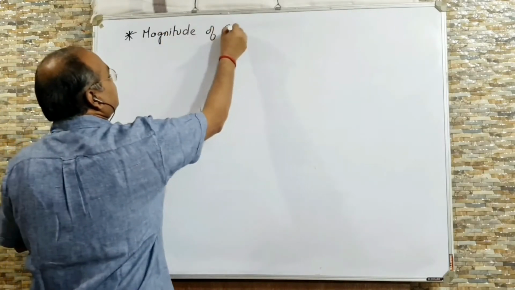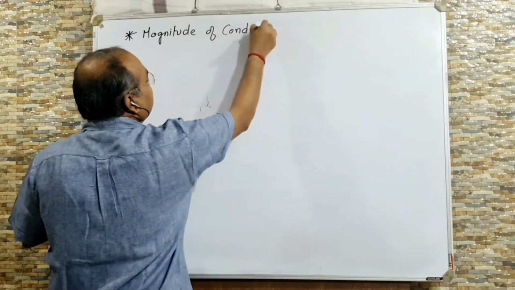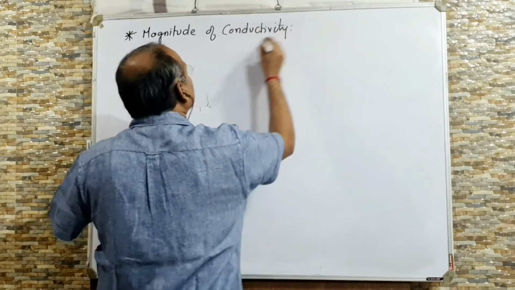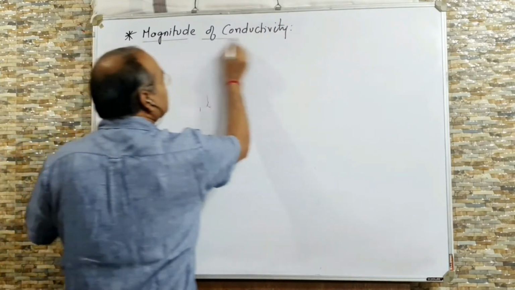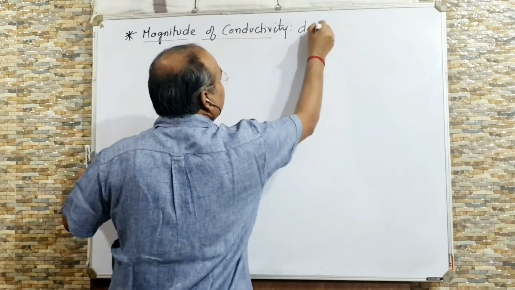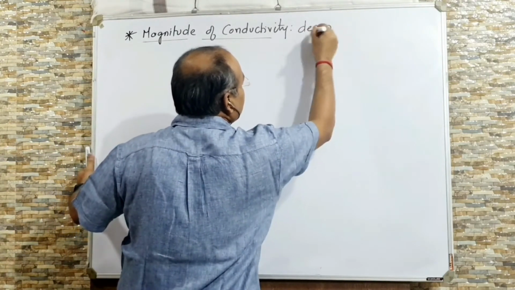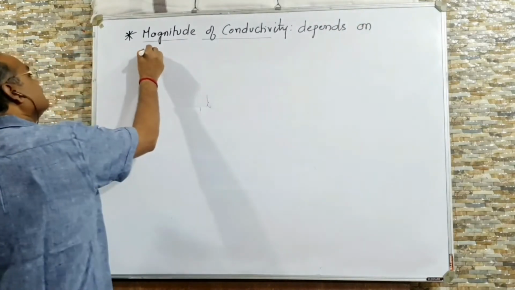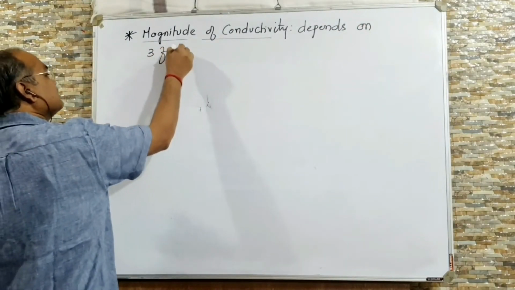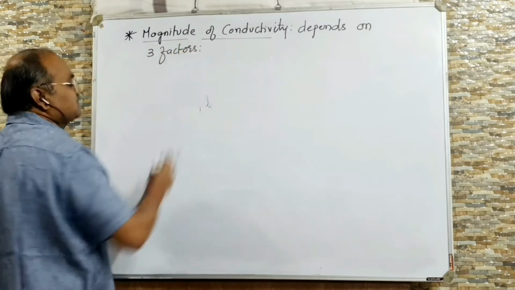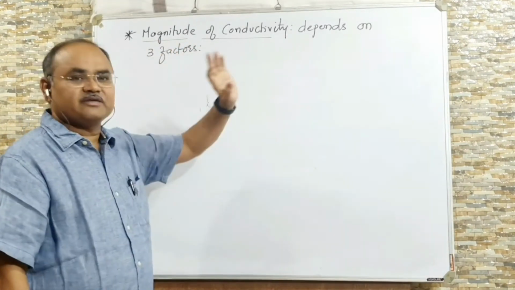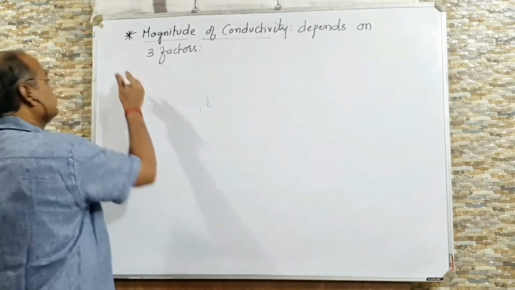Magnitude of conductivity. This is the topic. Highlight here: it continuously depends on three factors. They can ask you a 2-mark question: magnitude of conductivity depends on which factors? Three factors.